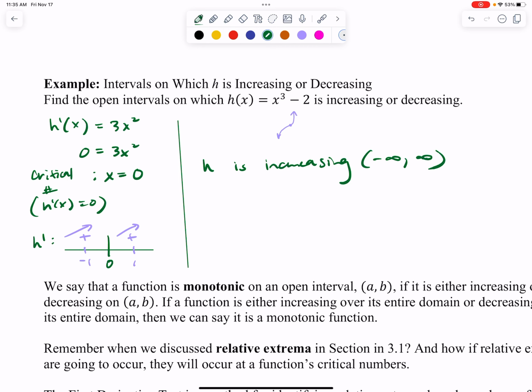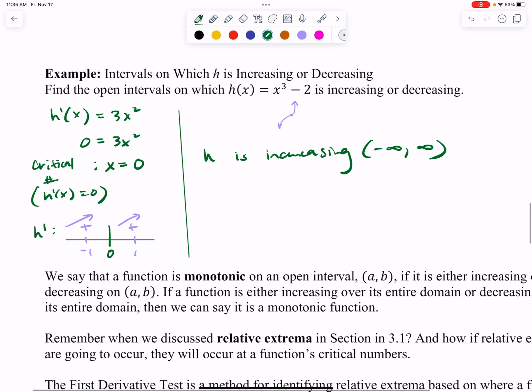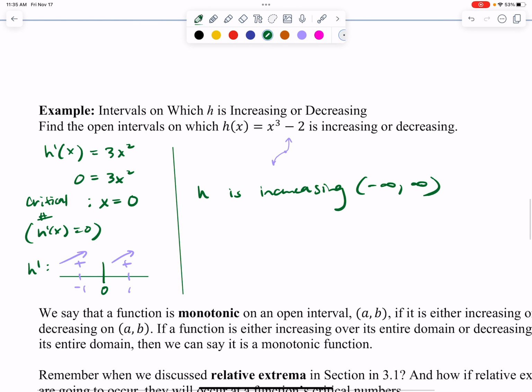And we could say that's because h prime is greater than or equal to 0 on that interval.